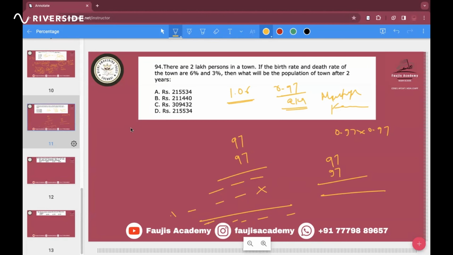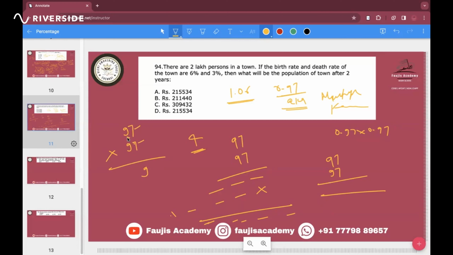So the rule over here is 97 into 97. First, you will multiply these two. Okay. 7 into 7, 49, write 9, carry forward 4.